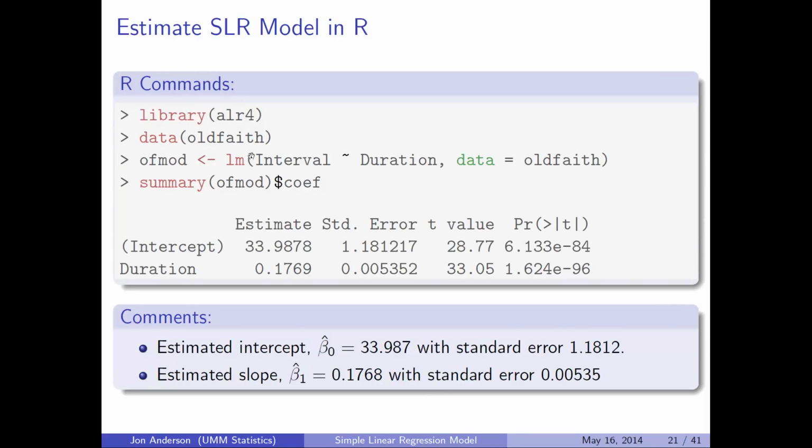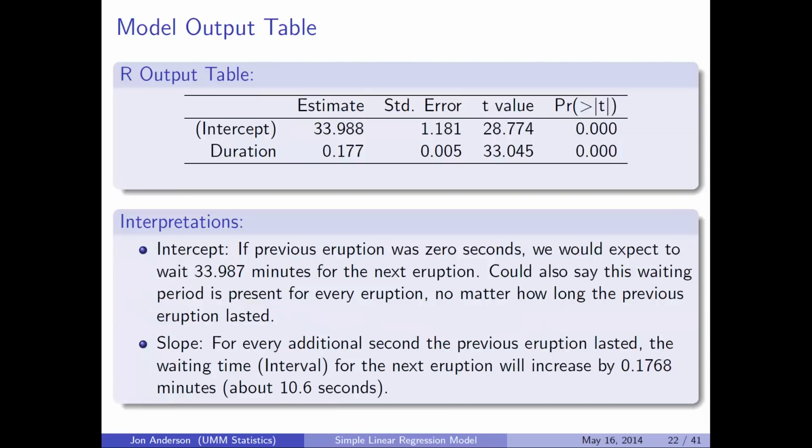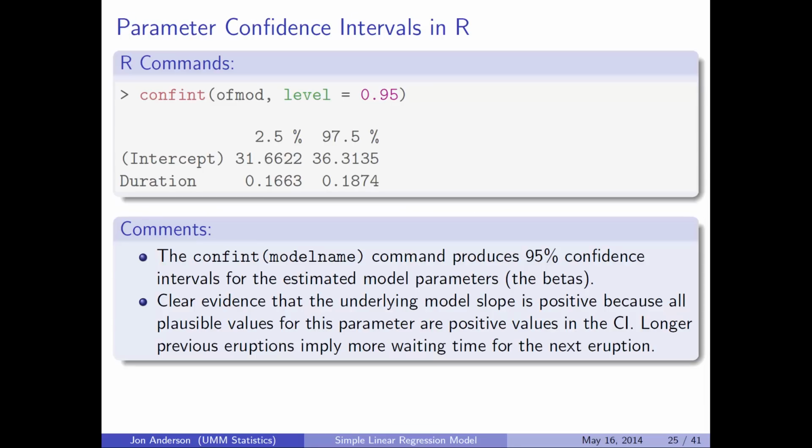You estimate ordinary least squares to estimate the simple linear regression model, and you use that object in the confint command. You tell it what confidence level you want, and we get confidence boundaries for the slope under the duration line, and we get a confidence interval for beta naught, the intercept parameter, here under the intercept row.